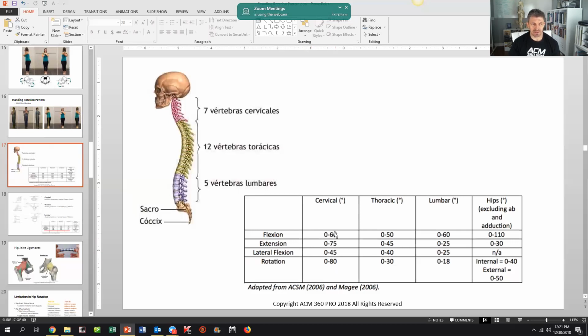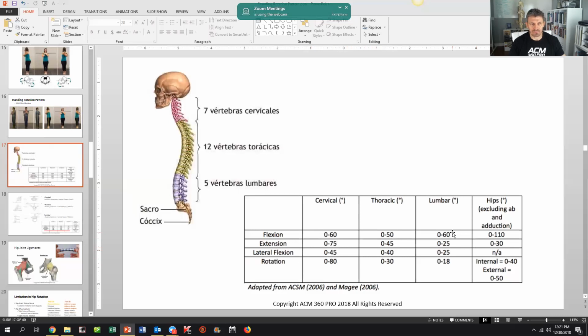As you can see, the cervical spine is really geared for rotation. We know this. The thoracic spine is about half of that movement of rotation, but it's pretty balanced: 50 degrees of flexion, 45 degrees of extension, 40 degrees of lateral flexion, 30 degrees of rotation. It's a balanced movement system, the thoracic area.